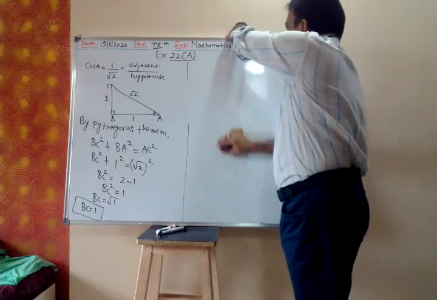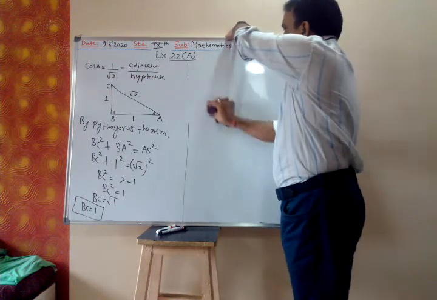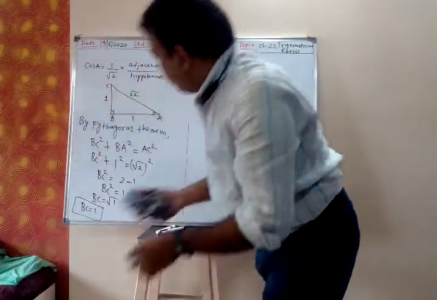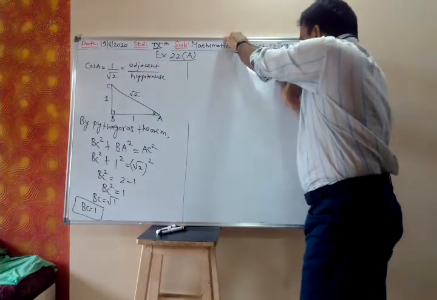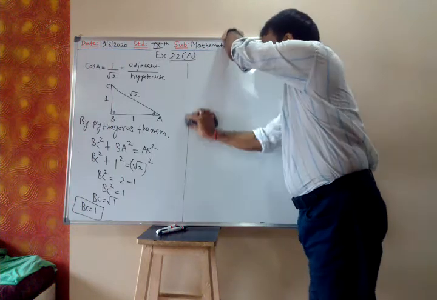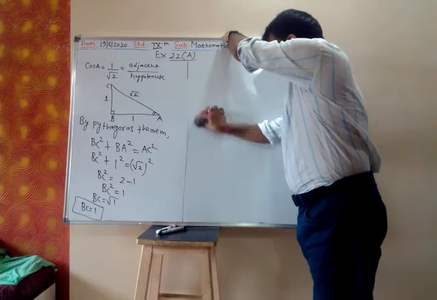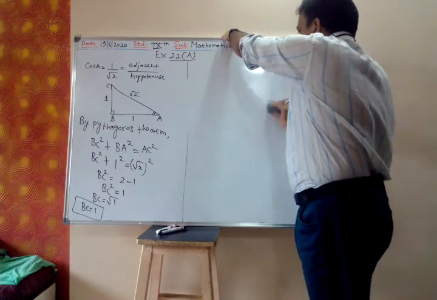So no need to find cos A. Now we find sin A and tan A.